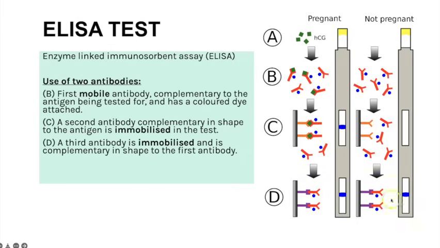You should always have a second blue line, whether you're pregnant or not, at position D though, because this second immobilized antibody is just complementary to the shape of the first one. So it's basically just a control to check that you do definitely have that first antibody in your sample and it is able to move along the test kit.